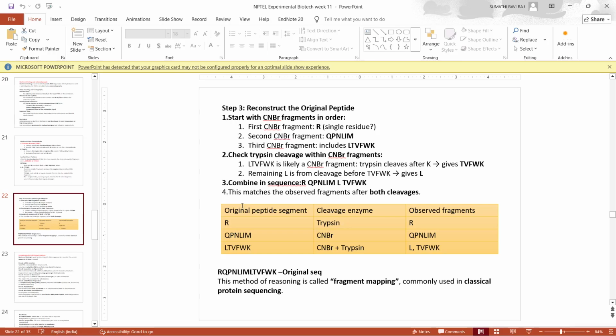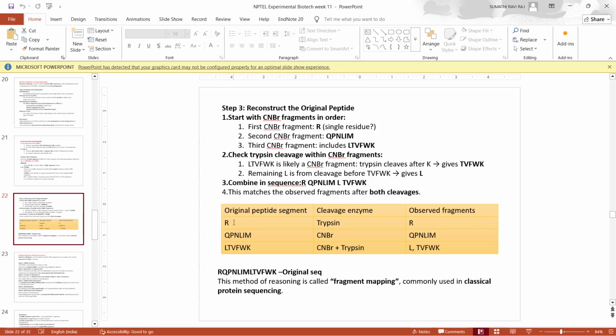So it has to be a cleavage product of both of them, cyanogen bromide and trypsin. So if we take this sequence, it is from the bromide fragment which was already cleaved, and trypsin then cleaves at K. So then we have remaining L from the cleavage.